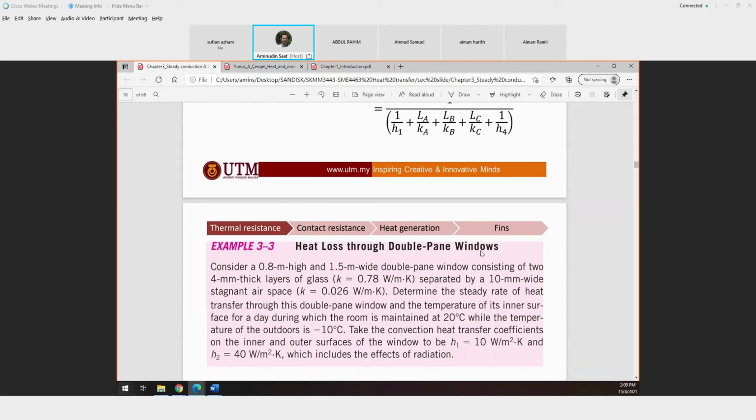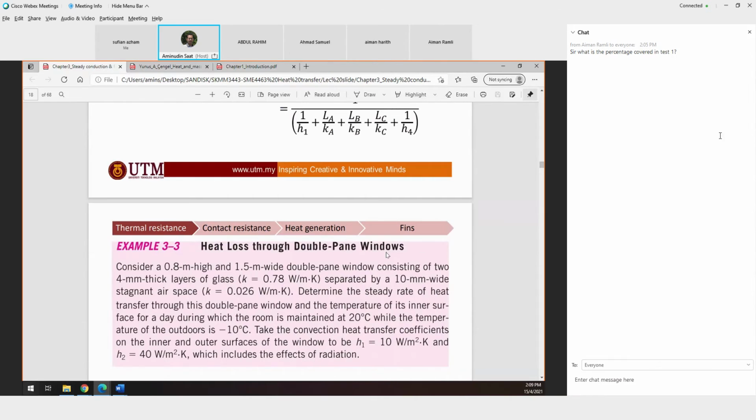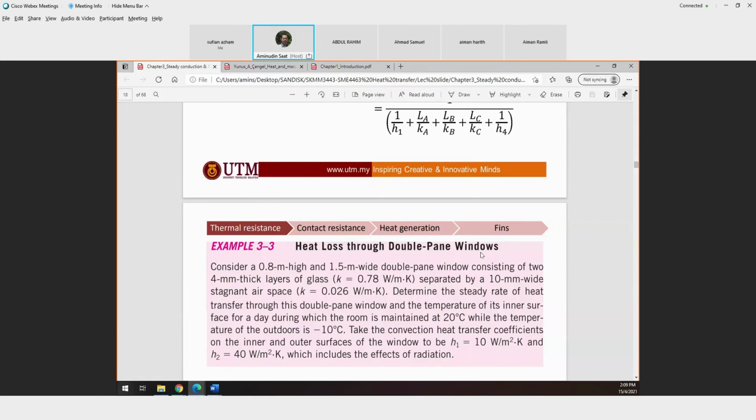When I talk about the textbook, I think you remember that in test one, I mentioned that this is an open book test. What open book test means is that you can refer to any information from the textbook, meaning that all information will be sourced from the textbook.